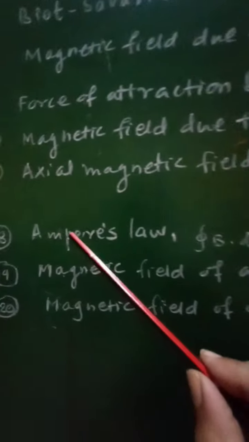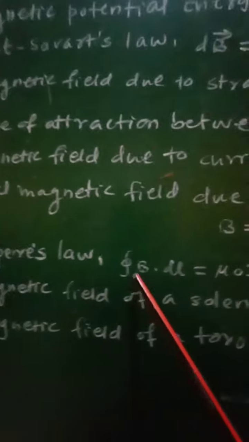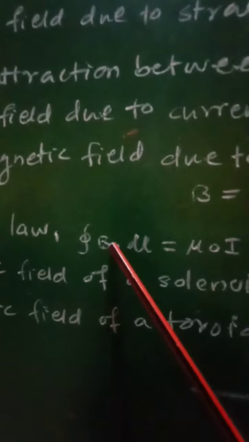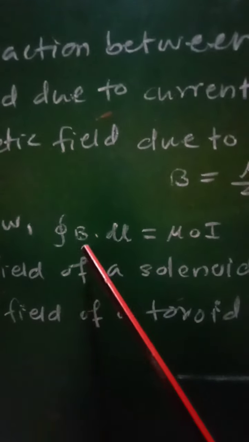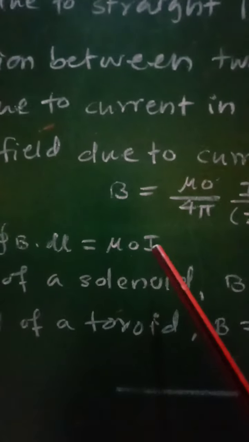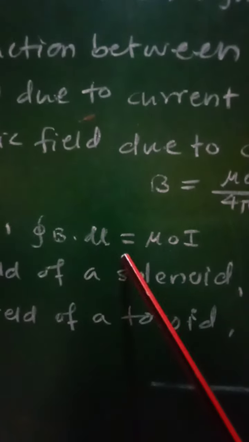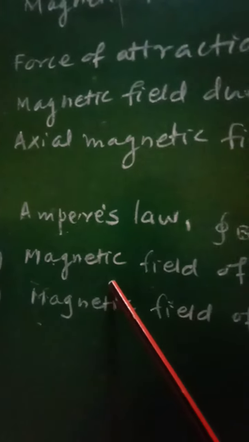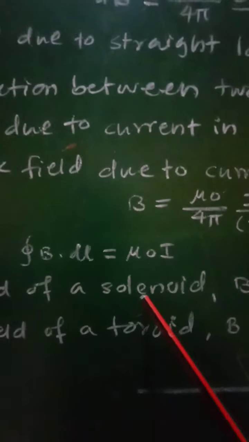Then 18th formula gives us Ampere's law, that is integration over closed path B dl is equal to mu 0 I. Then 19th formula gives us magnetic field of a solenoid.